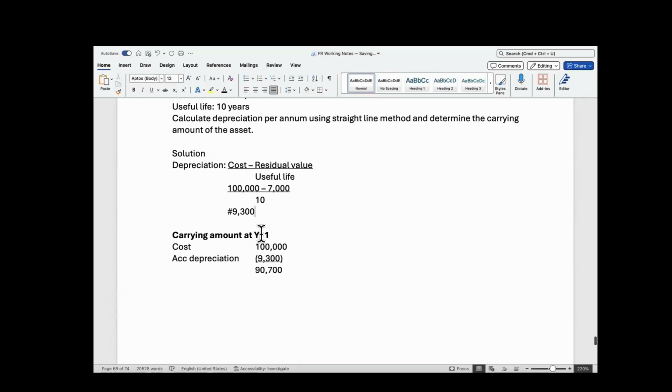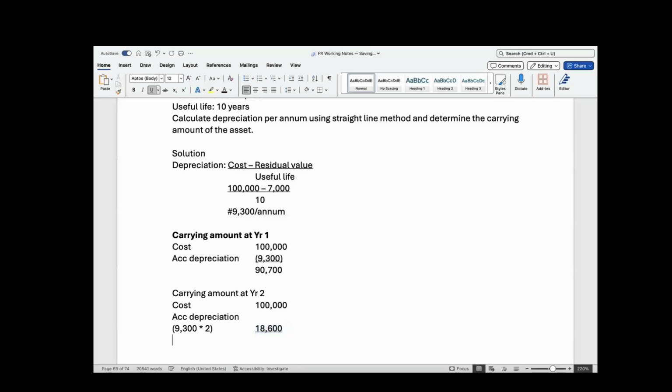Now, since this is my depreciation per annum, every year my depreciation is already calculated. What would then be my carrying amount at year two? The same thing. It's cost, which is 100,000, minus accumulated depreciation. My accumulated depreciation is now the depreciation of 2 years, which is 9,300 times 2, that will be 18,600, right?